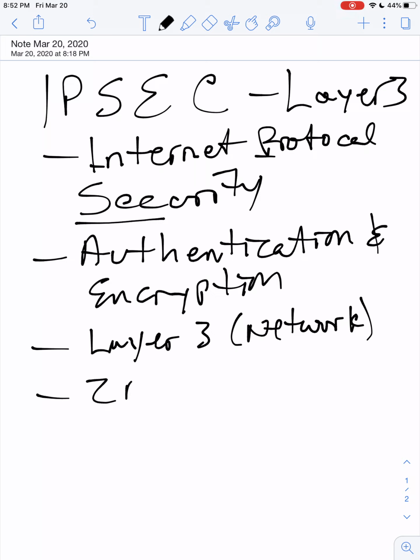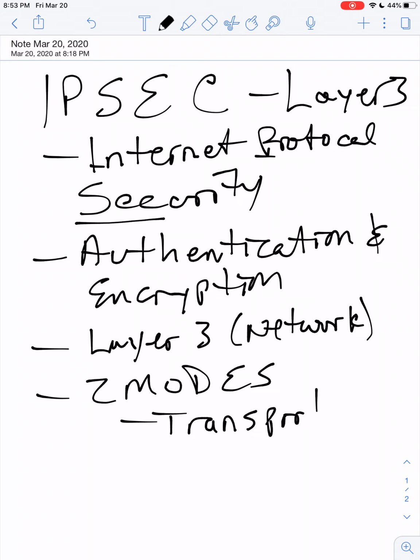This does have two modes: transport mode, and in transport mode just the payload is encrypted. The IP addresses are in clear mode.